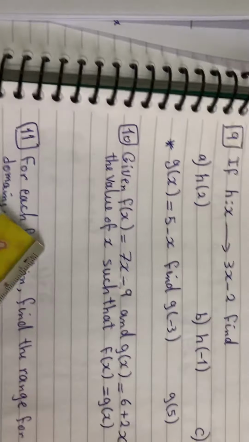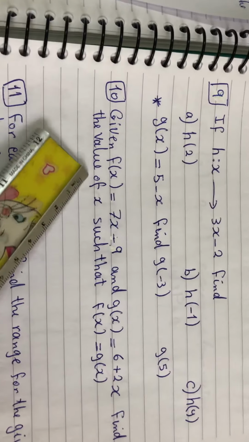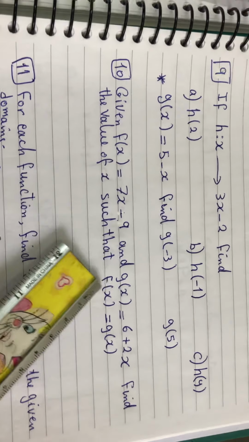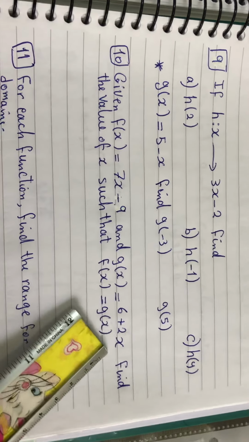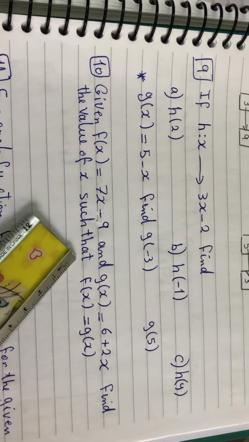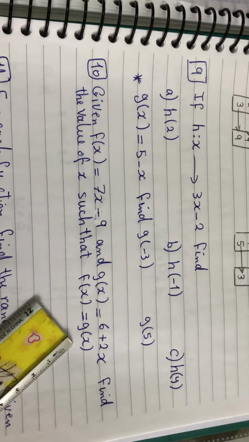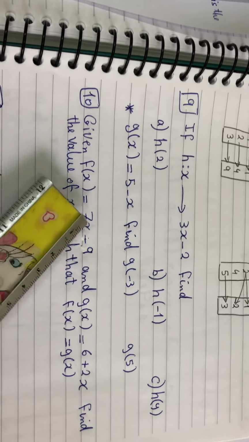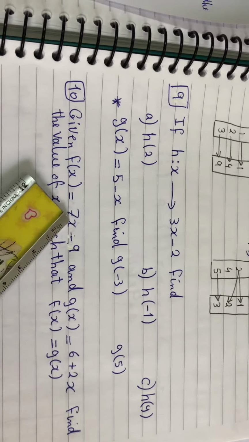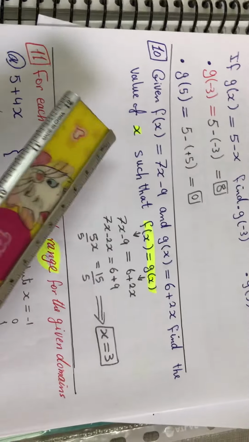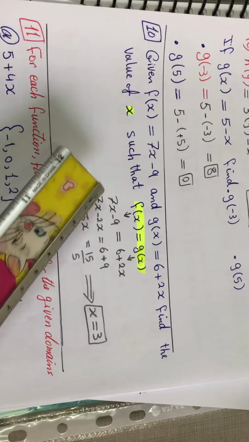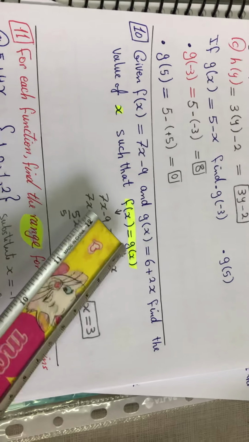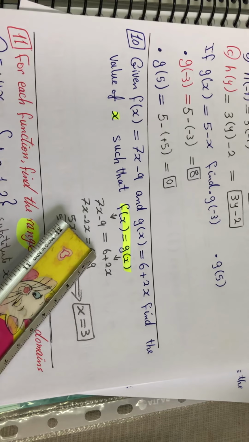In question number 10, given f of x equals 7x minus 9 and g of x equals 6 plus 2x, find the value of x such that f of x equals g of x. No problem. He said that f of x equals g of x. So I'll put the value of f of x equal to the value of g of x. Here, the value of f of x is 7x minus 9, and the value of g of x is 6 plus 2x.